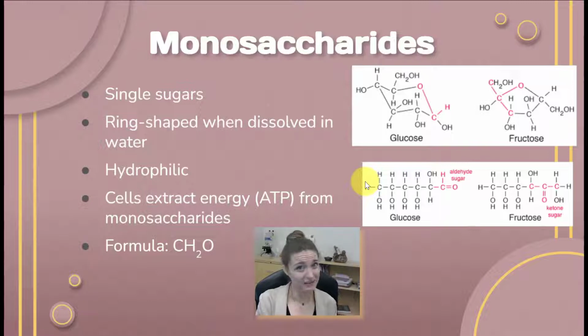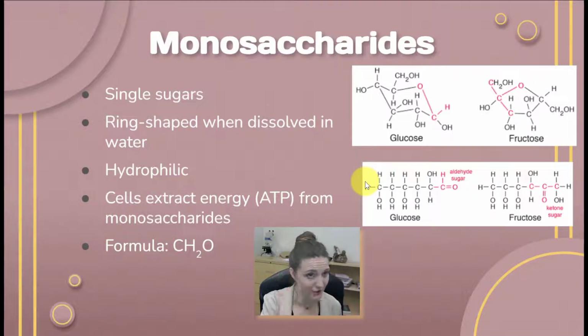Our cells, animal cells especially, are very efficient at breaking down monosaccharides and disaccharides into ATP, which we'll talk about later when we get to cellular respiration. But that's their main function, especially for mono and disaccharides: easy access to make ATP.